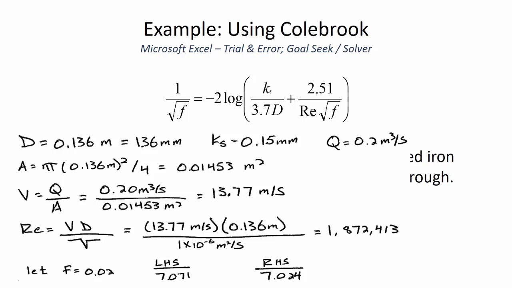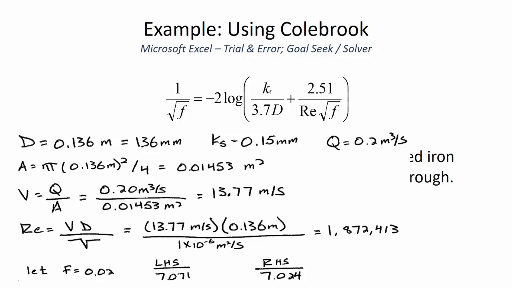And follow a similar approach on the right-hand side. So 2.51 divided by this Reynolds number that I calculated, multiplied by the square root of the guess F value, and I'd get the right-hand side is 7.024. So that's pretty close, but they're not equal yet.